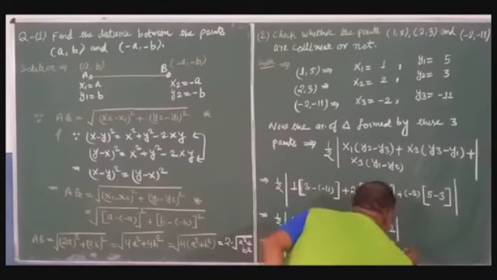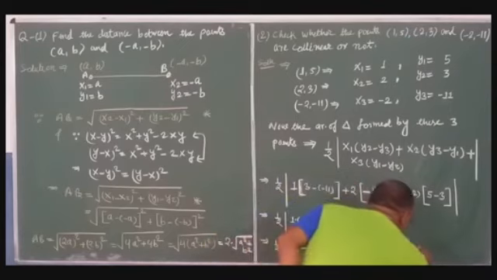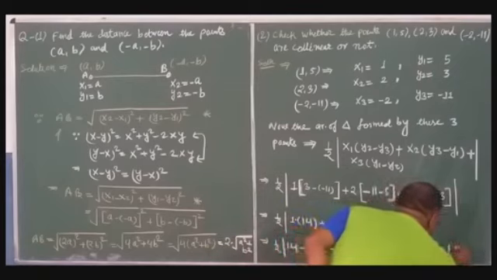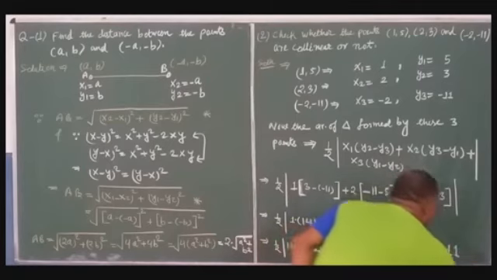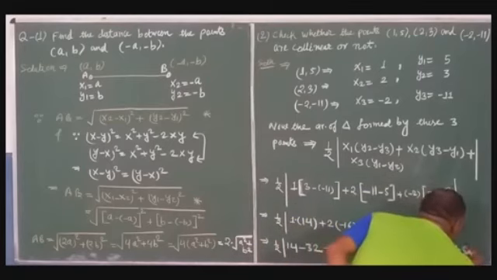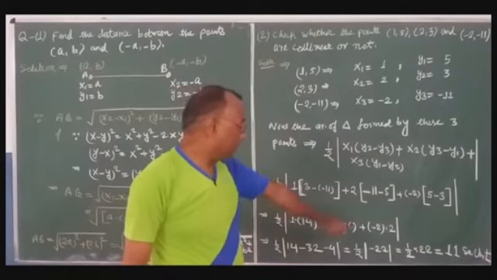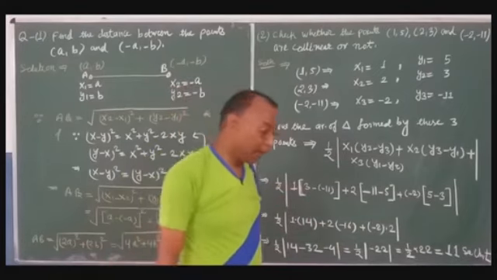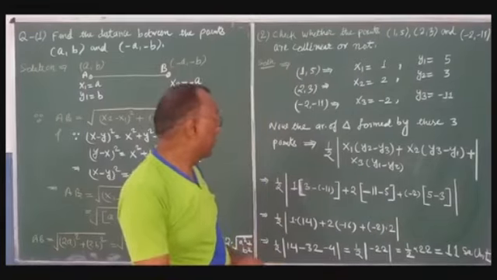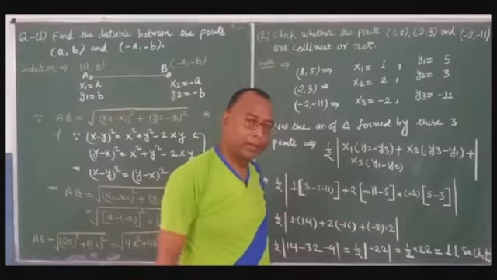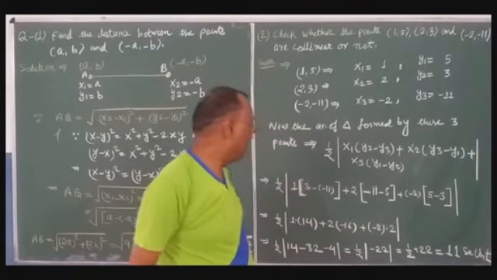So what will happen? 1 upon 2, when you remove this mod sign, this will become 22, and this is the area of the triangle, that is 11 square unit. The area of the triangle is there. It means the points are not collinear.